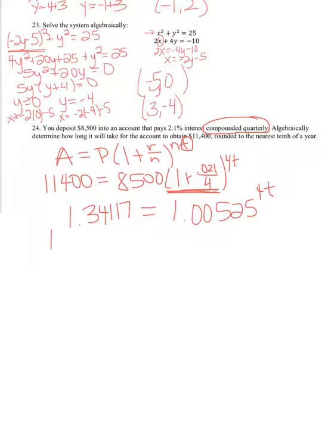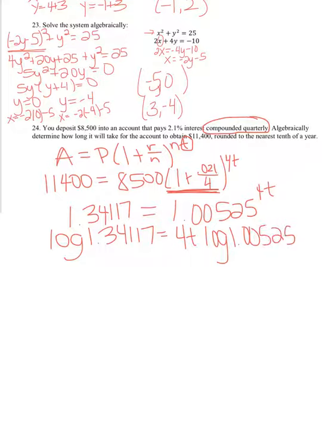So now I log both sides. I bring the 4T out front over here. Divide both sides by the log of 1.00525. Remember, you're keeping all of these numbers in your calculator.